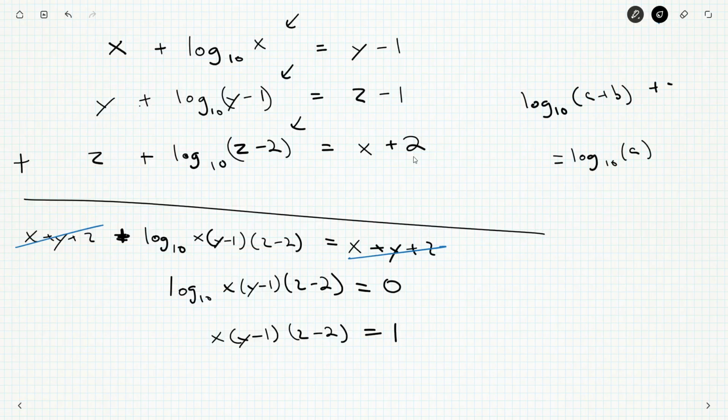There's nothing reasonable I can do to get rid of a plus b. So this minus 1 and this minus 2 are sort of here to stay. The way I always think about it is they're trapped behind the log 10. They've been stuffed in log 10 prison or put in the log 10 box. And it takes a lot to unpack that box.